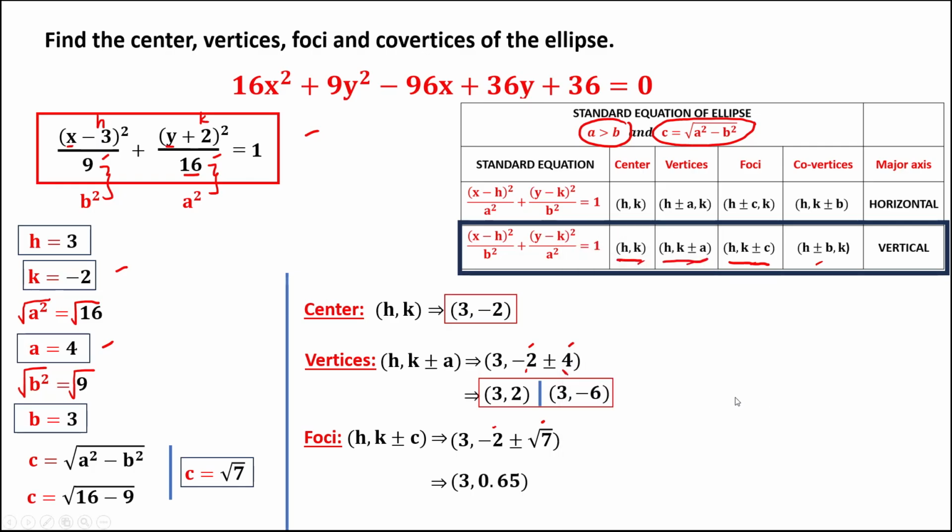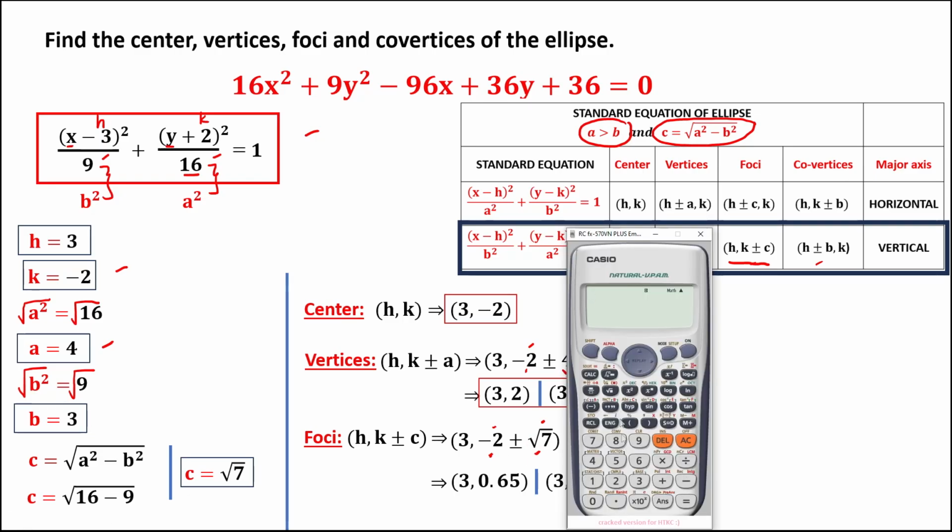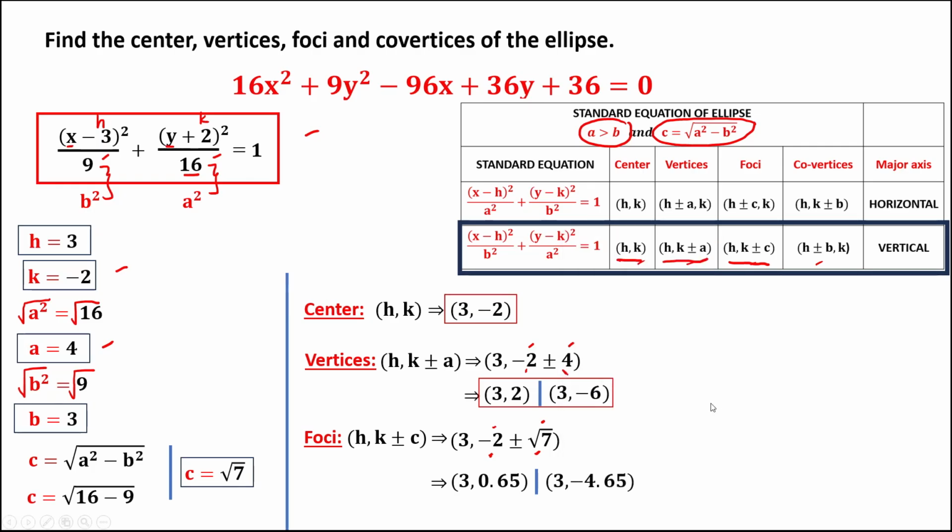So the first coordinate is 3 and 0.65. Then the other coordinate, negative 2 minus square root of 7, that's negative 4.65. So this is negative 4.65. So these are now the coordinates of the foci.